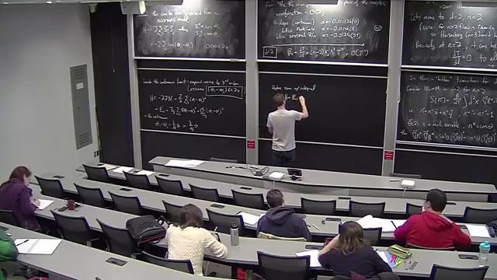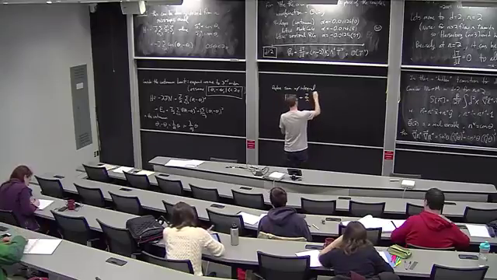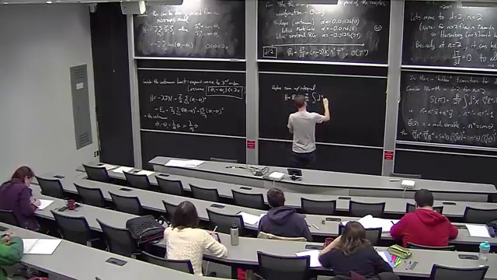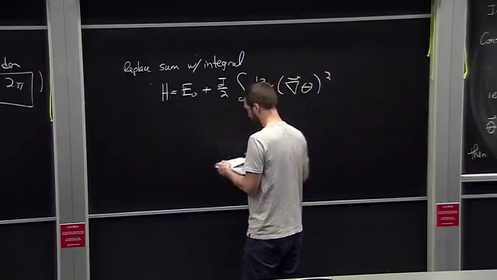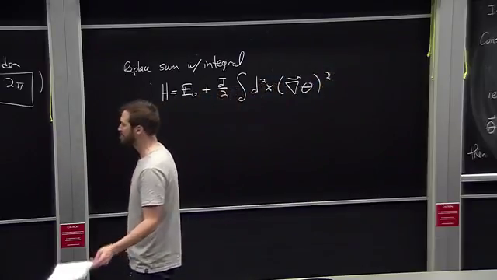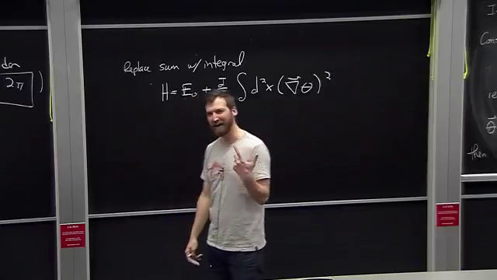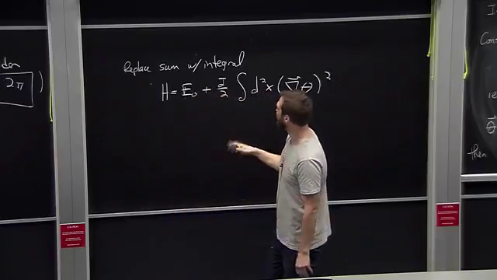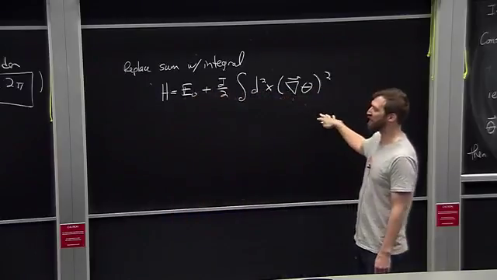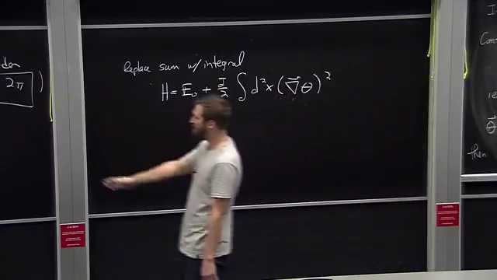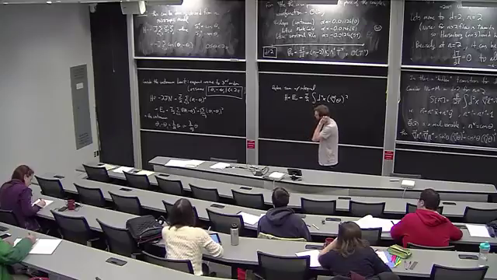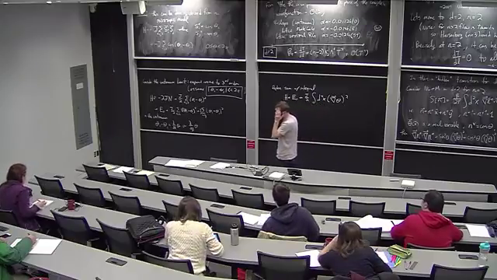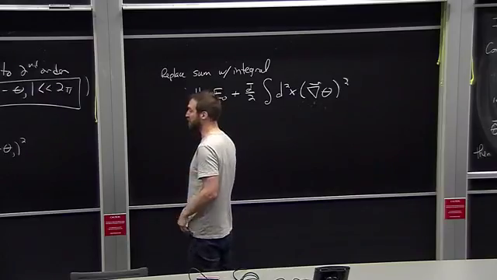Ground state energy, J over 2, d squared x. Okay, so we see, again, the assumption that goes into getting the nonlinear sigma model is somehow this thing here, and that's the assumption that's missing the physics.